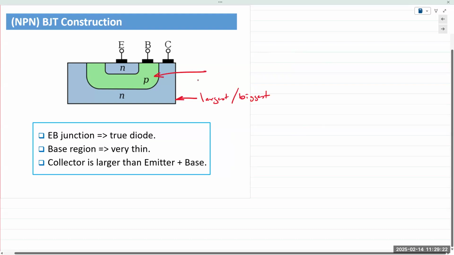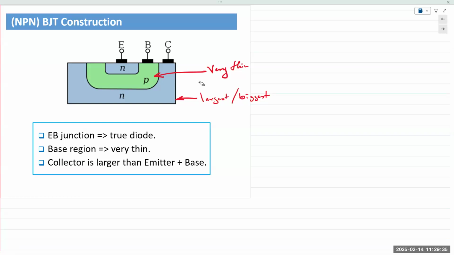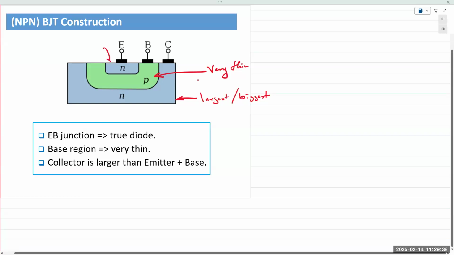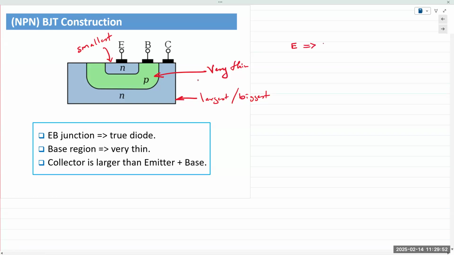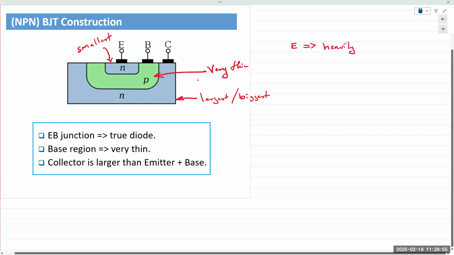This base is very thin. And then inside that P-type material, we create another N-type structure. That N-type structure is by far the smallest of the three, but it is the most heavily doped. The base and the collector are lightly doped.